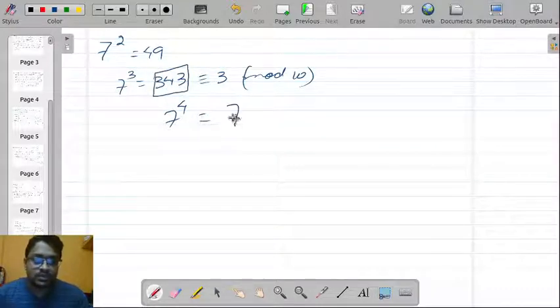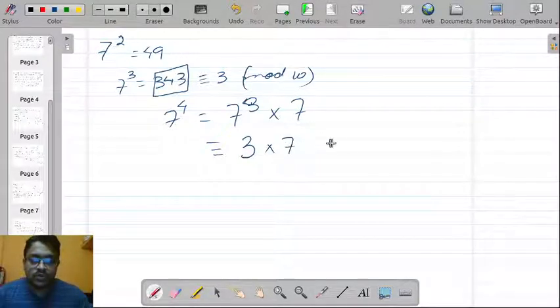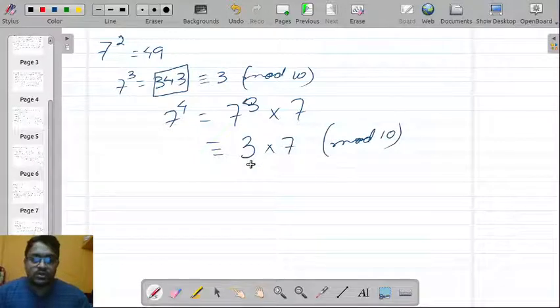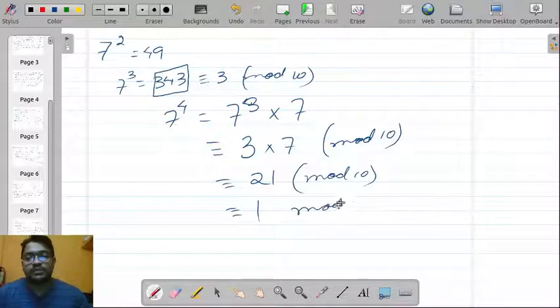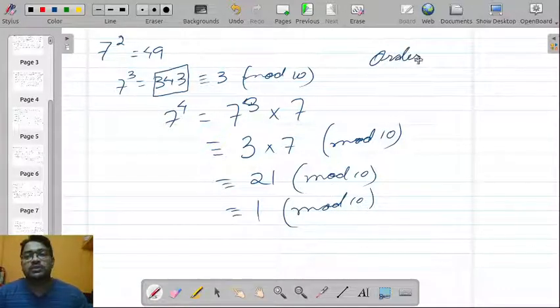We can just use the fact that 7 to the power 4 can be written as 7 cubed into 7, and 7 cubed is already congruent to 3 modulo 10. So this is ultimately congruent to 3 into 7 modulo 10, that is congruent to 21 mod 10. And 21 when divided by 10, the remainder is 1. So here also the order of 7 is equal to 4.